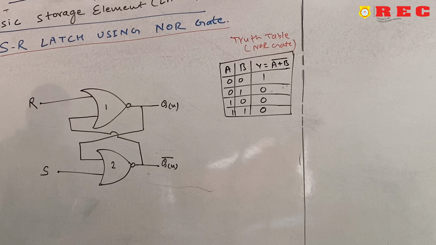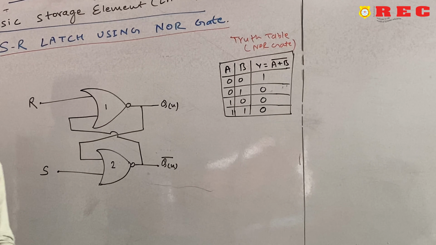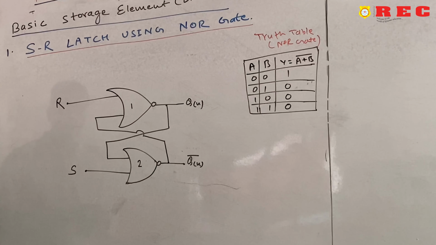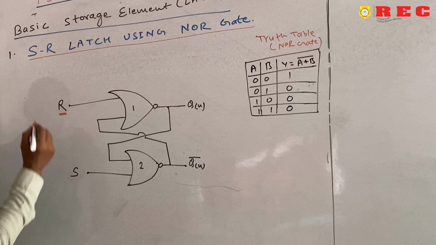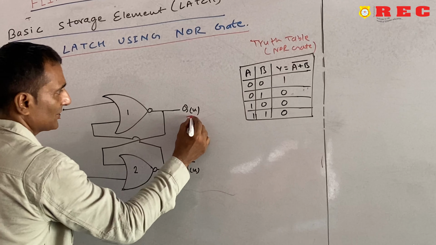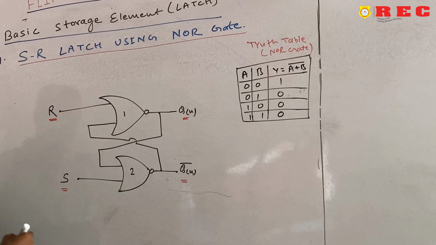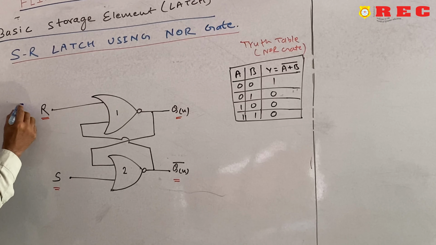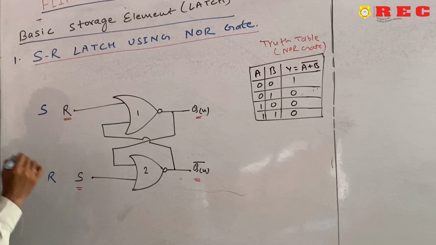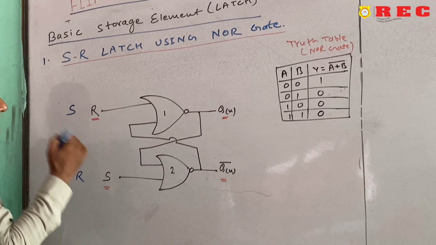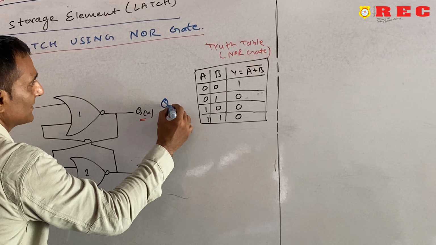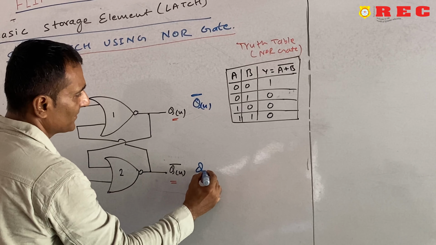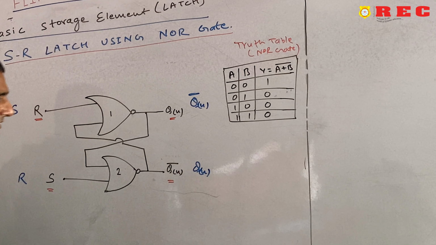Here one thing I want to make clear, in this NOR latch either we may write here R, here S, here Q and here Qn, or else you must write S, R, and while you write S and R, then you have to write here Qn complement, just opposite, and here will be the Qn.